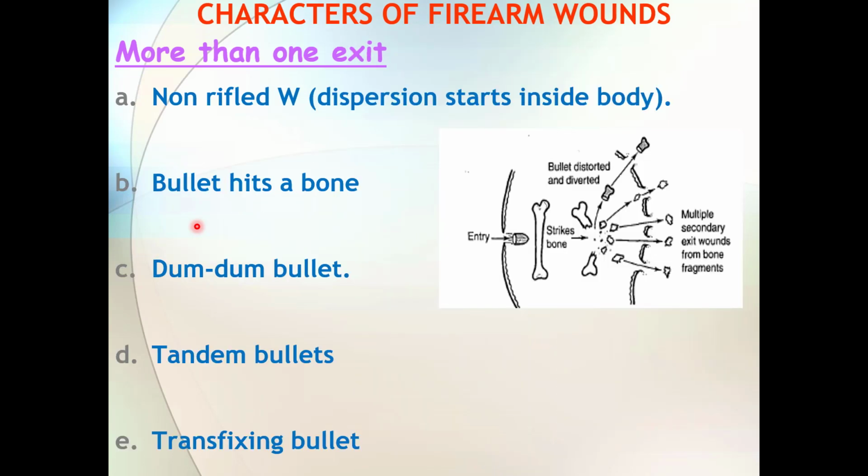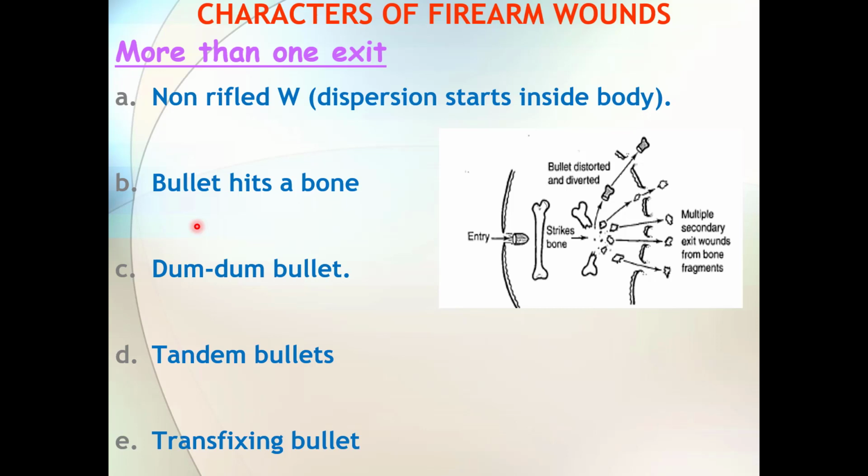More than one exit is seen in non-rifled weapons if the dispersion of shots occurs inside the body, not before entering the body or outside the body. If this dispersion starts inside the body, it leads to a single inlet and many exits, because the non-rifled weapon carries shots.